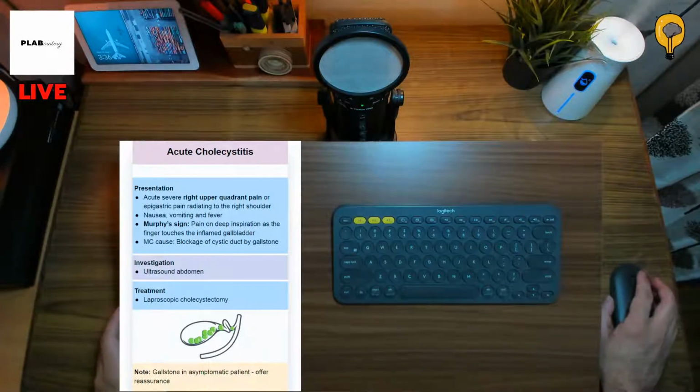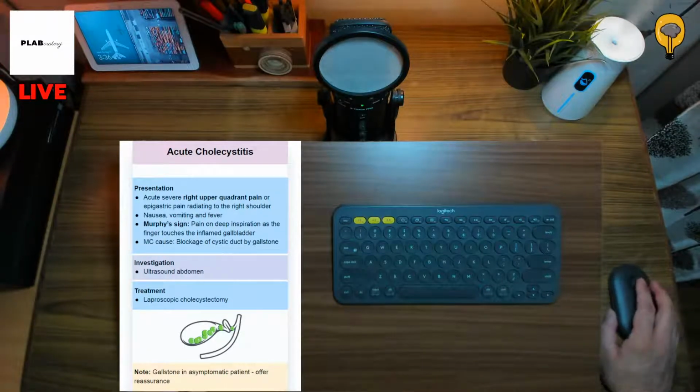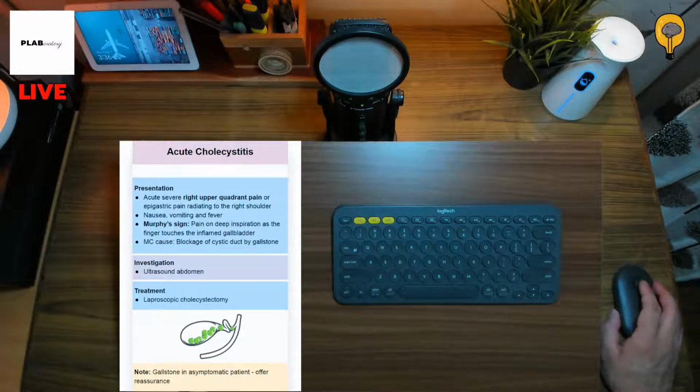So for management, in case of acute cholecystitis the patient has to be nil by mouth, and analgesia should be given, along with IV fluids and antibiotics. Once the symptoms settle, do a laparoscopic cholecystectomy. Laparoscopic cholecystectomy is the treatment of choice for all patients fit for general anesthesia.